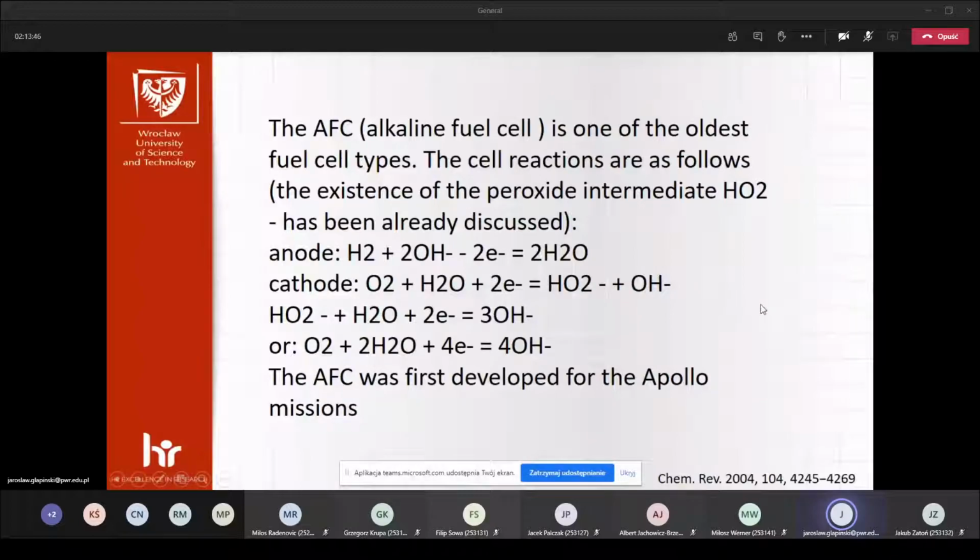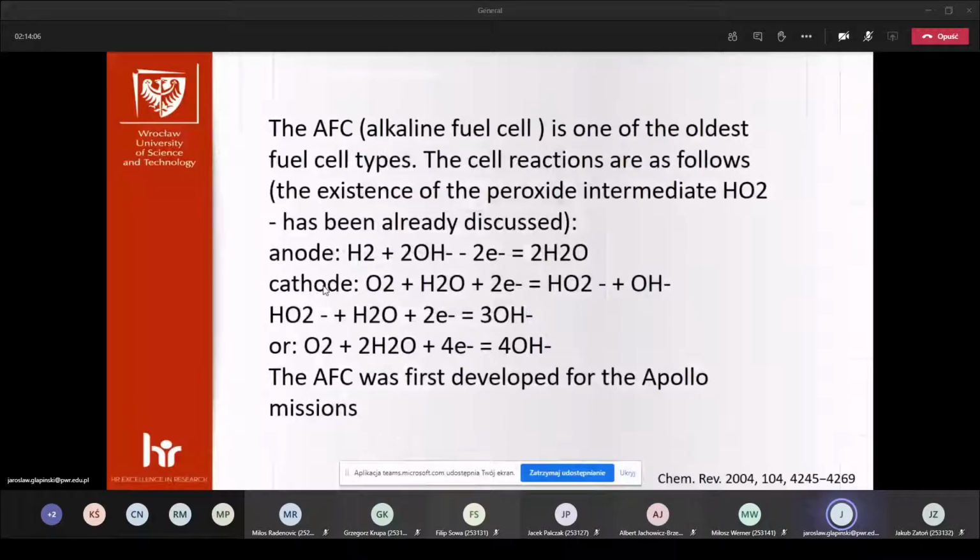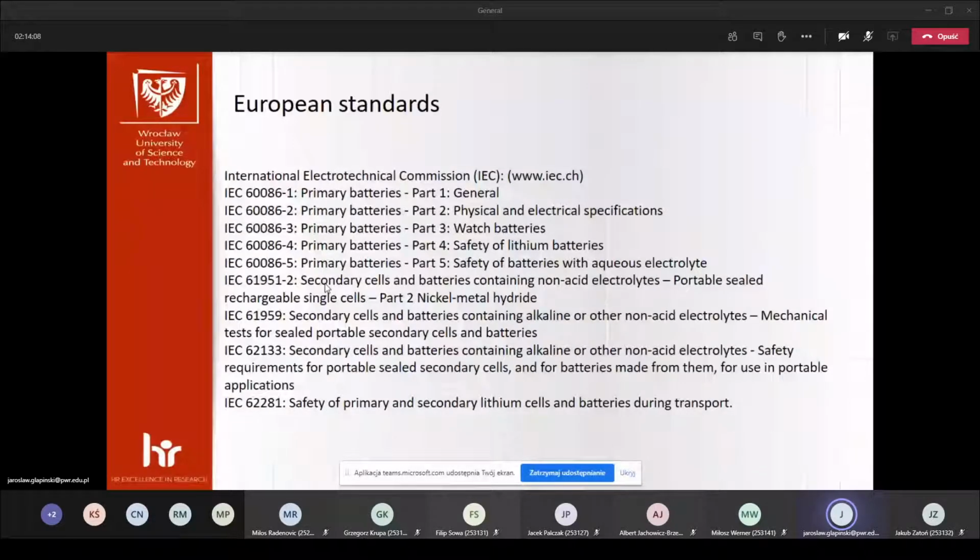In this case, we have the ability to store the energy. Of course, we can't reverse the process in the fuel cell, but we can produce hydrogen in other processes. So that was the solution to store the energy.